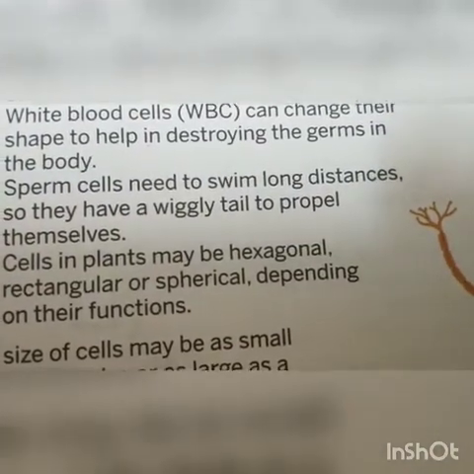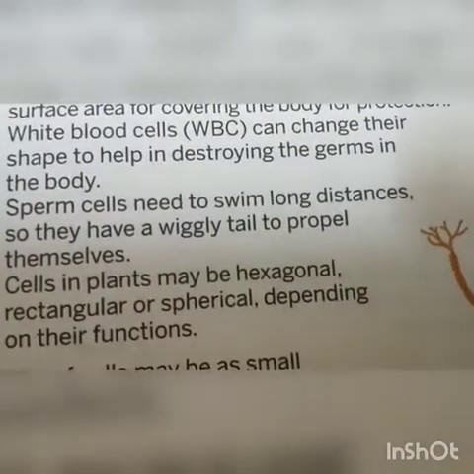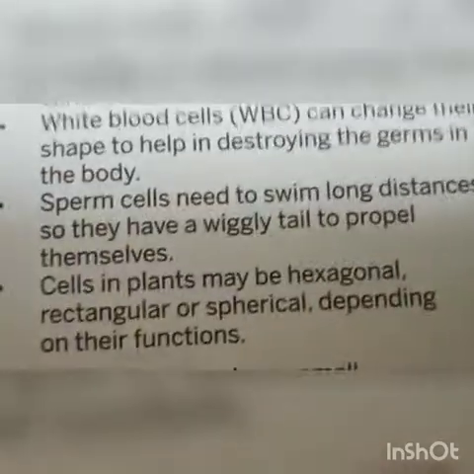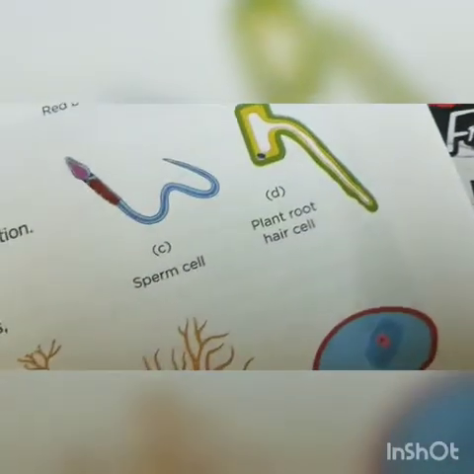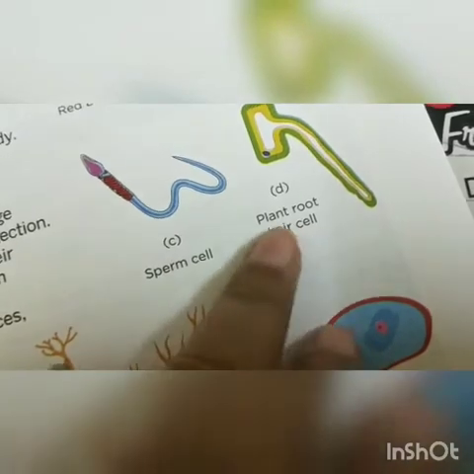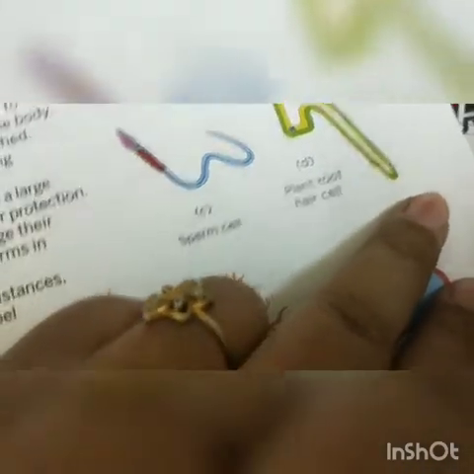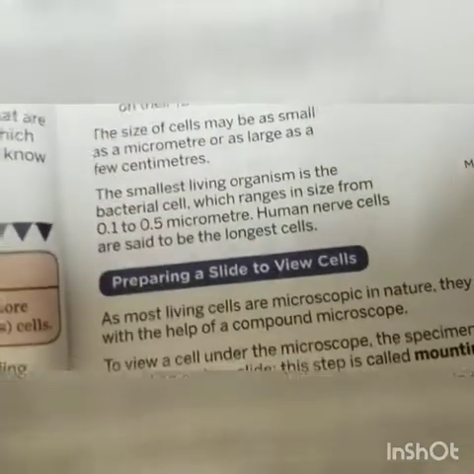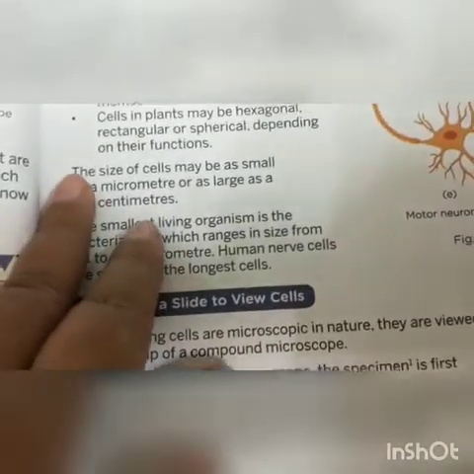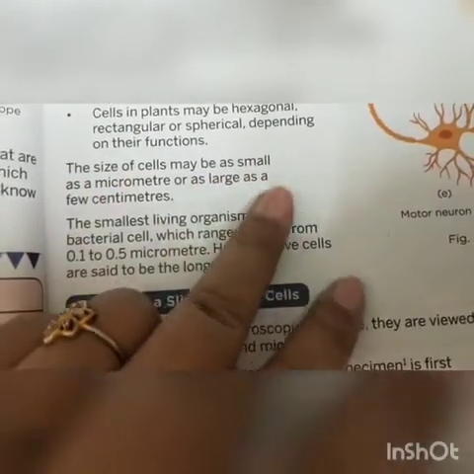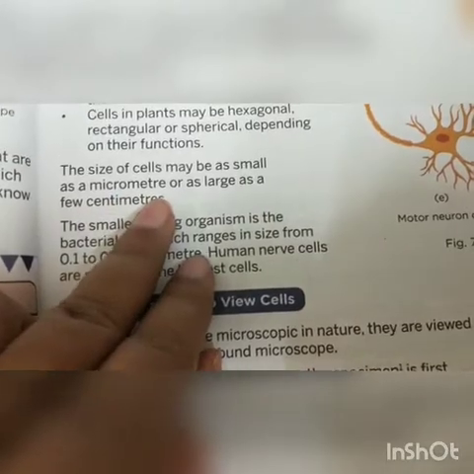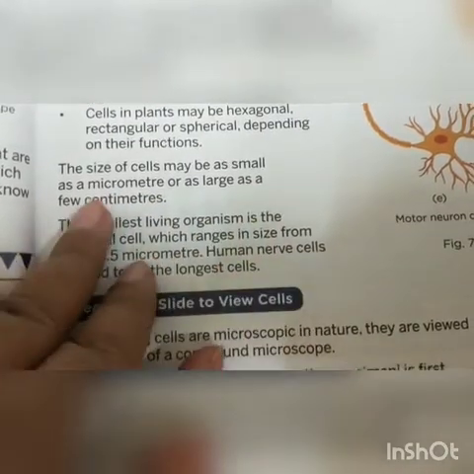Cells in plants are hexagonal, rectangular or spherical in shape depending on their function. Here a plant root hair cell is given. So it is a different shape. The size of the cell may be as small as a micrometer or as large as a few centimeters.